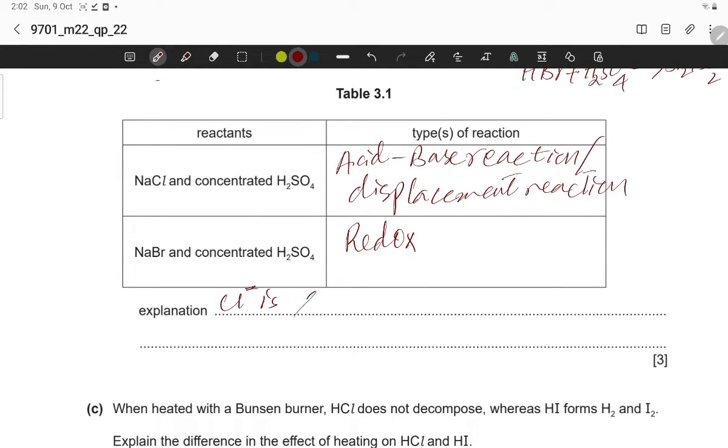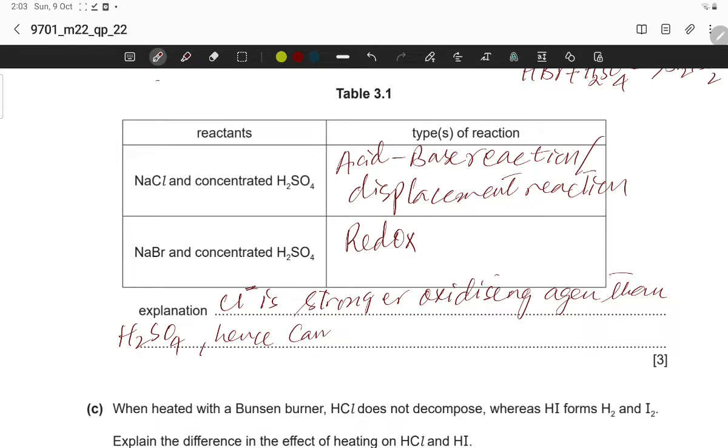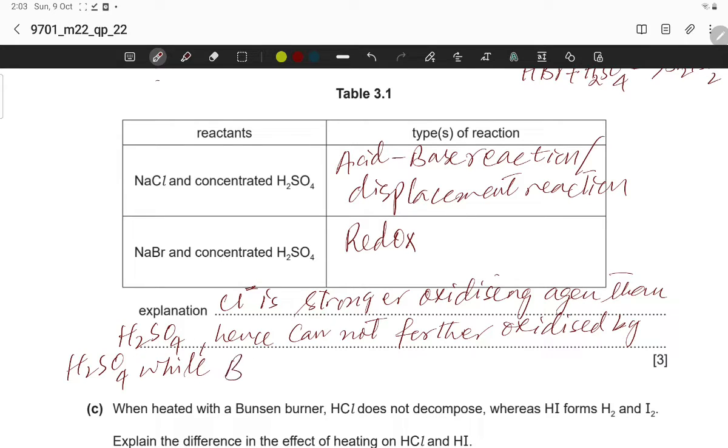Chloride ion is a stronger oxidizing agent than sulfuric acid, hence it cannot be further oxidized by H2SO4, while in the case of Br negative, it is a weaker oxidizing agent than sulfuric acid.